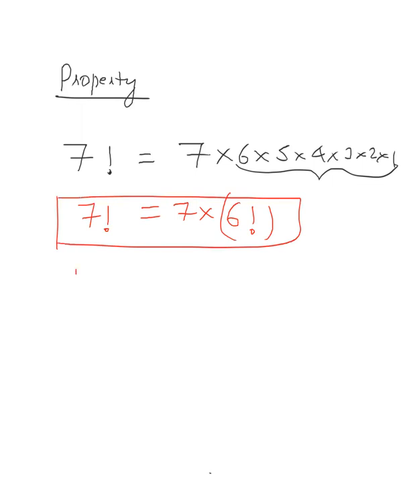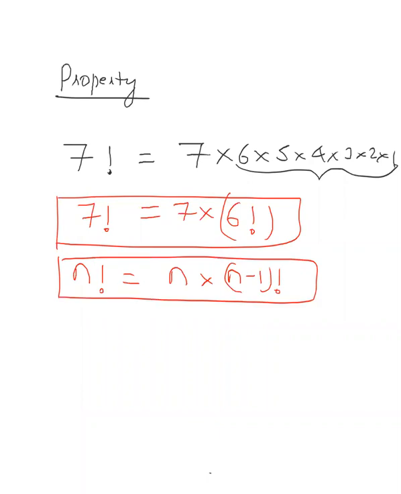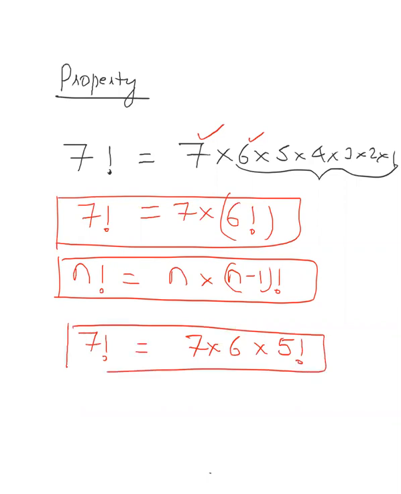Like that, if you want to find n factorial, then that can be written as n into (n minus 1) factorial. And sometimes if you already know 7 into 6, then into the remaining 5 factorial, that also you can write. Same thing, n factorial can also be written as n into (n minus 1) into (n minus 2) factorial.